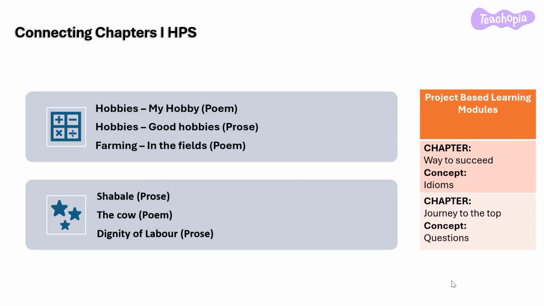We explore topics from these chapters that we are teaching in our classrooms of grades 6 and 7: My Hobby, Good Hobbies, In the Fields, Shabale, The Cow, and Dignity of Labor. The PBLs are based on the chapter Way to Succeed, exploring the concept idioms, and the chapter Journey to the Top, exploring the concept questions.